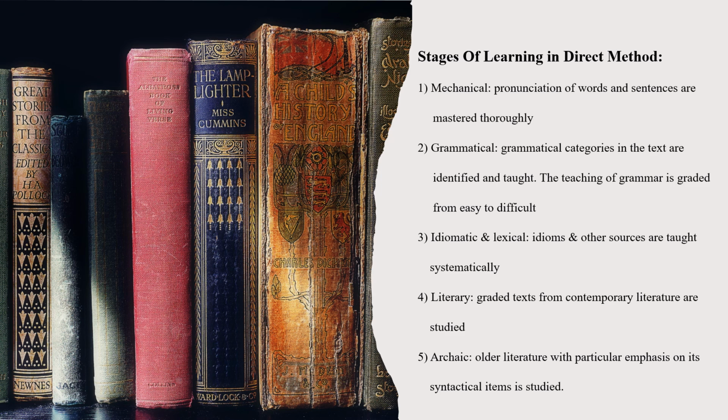Idiomatic and lexical is where idioms and other sources are taught systematically. Literary is where graded text from contemporary literature is studied. Archaic is where older literature, with particular emphasis on its syntactical items, is studied.